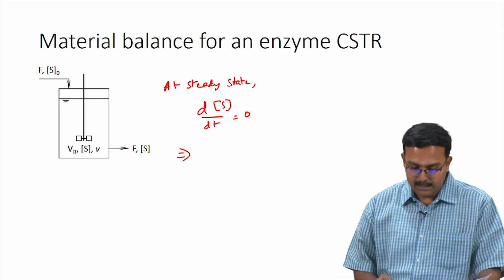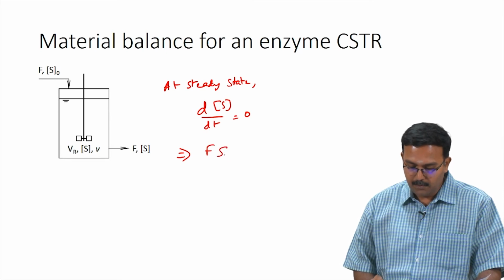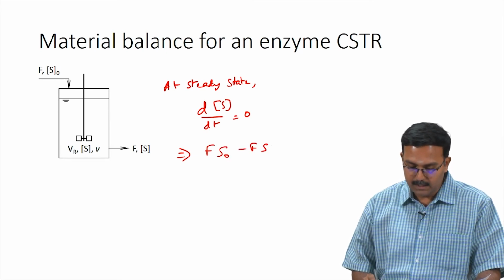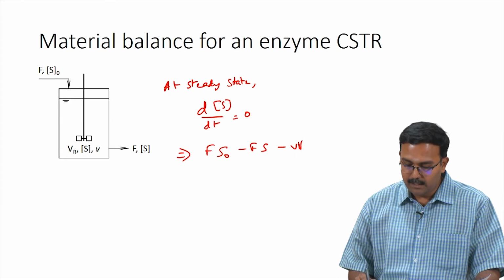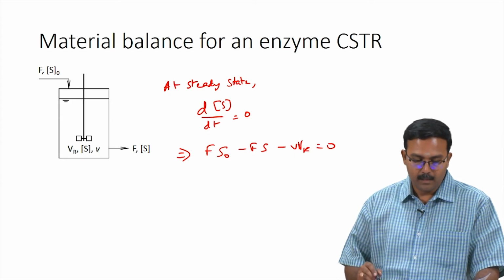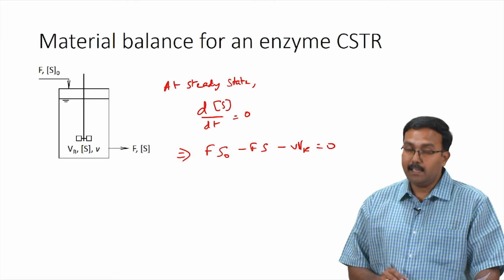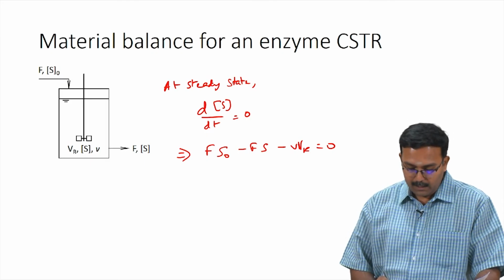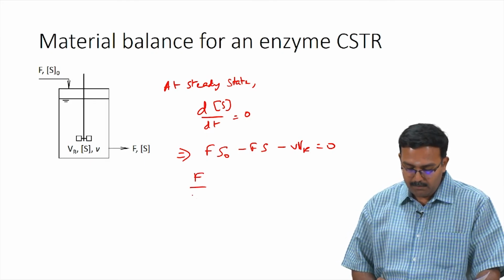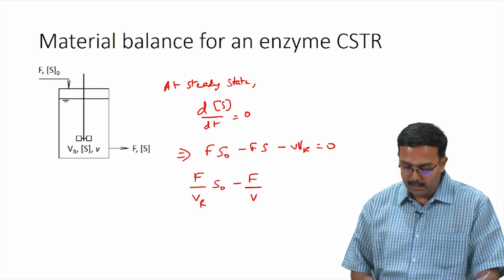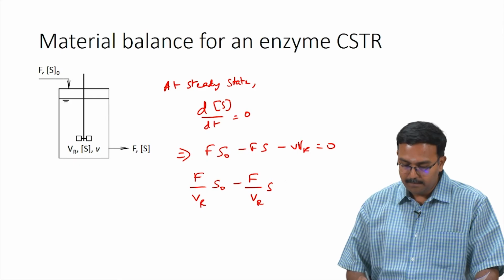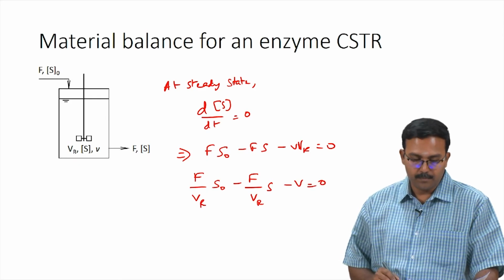So, this implies the equation becomes F S0 minus F S minus V Vr equals 0. So, dividing the entire equation by the volume of the reactor, we get F by Vr times S0 minus F by Vr times S minus V equals 0.